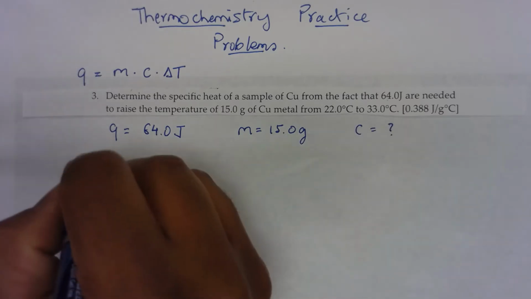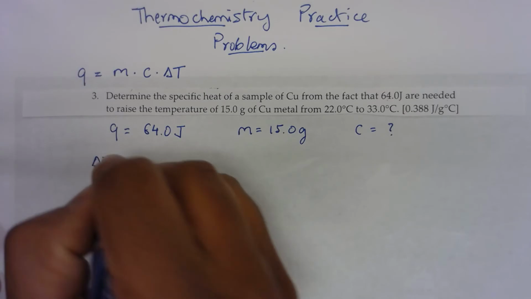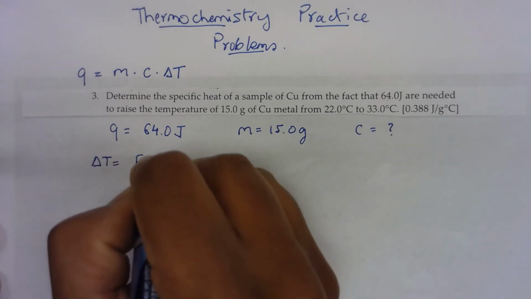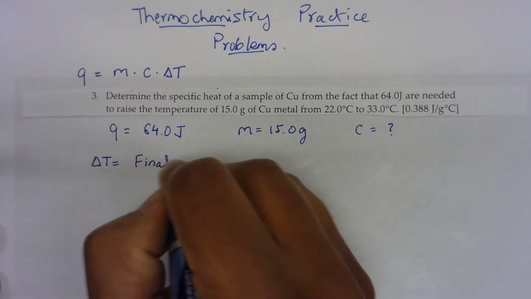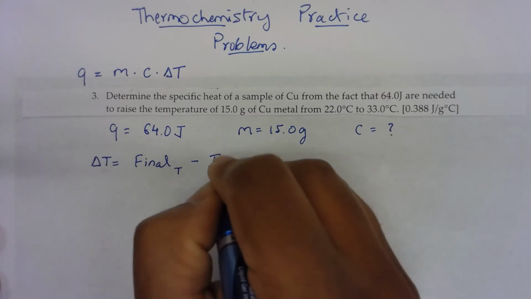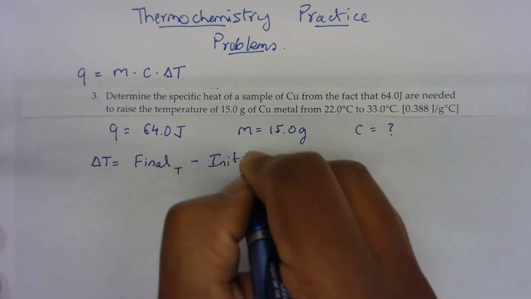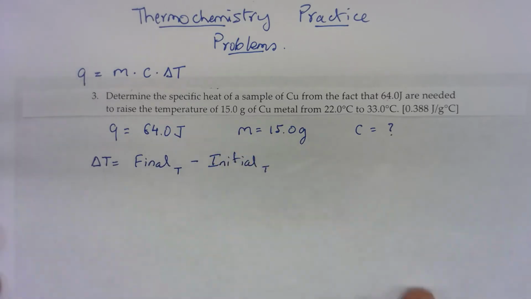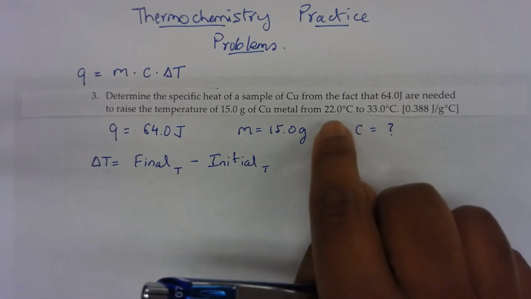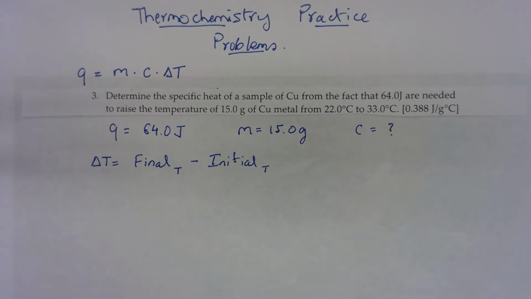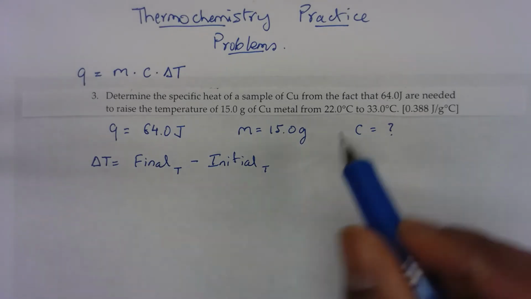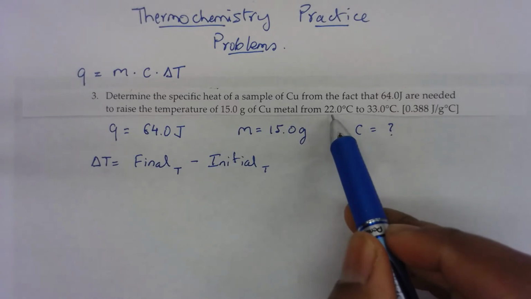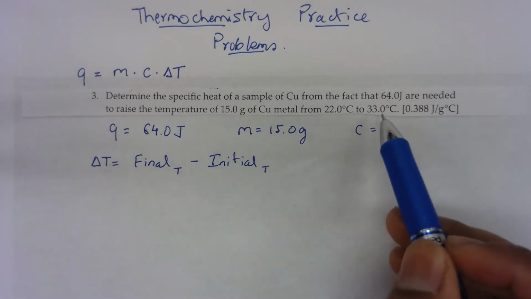Now, how do we find delta T? Delta T is always final temperature minus initial temperature. And so between these two temperatures, which one would you consider my final temperature? 33, because it says from 22 to 33.